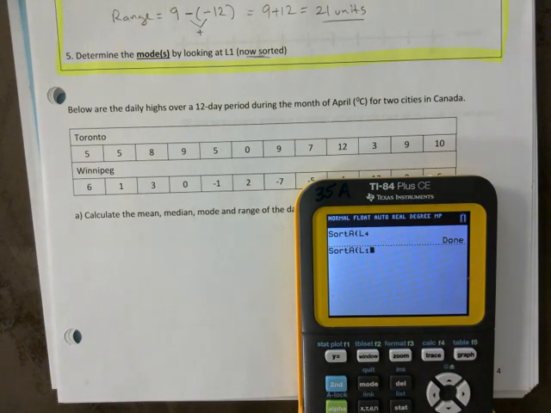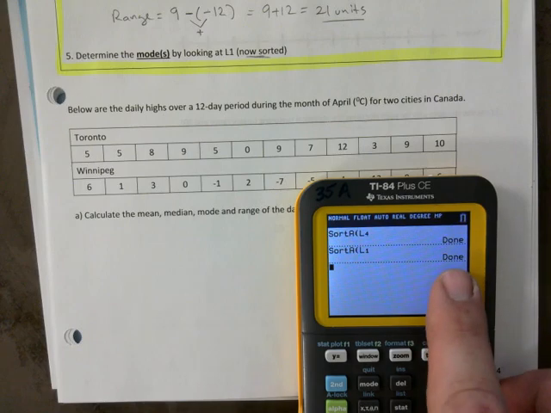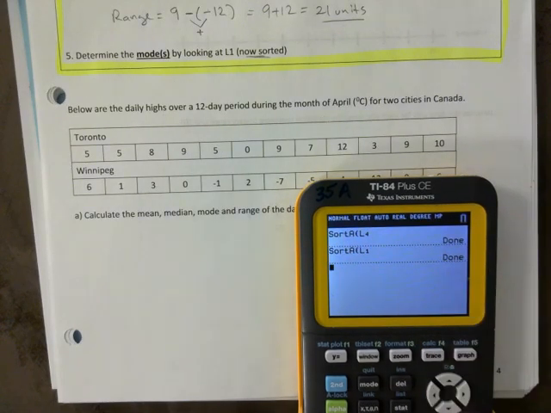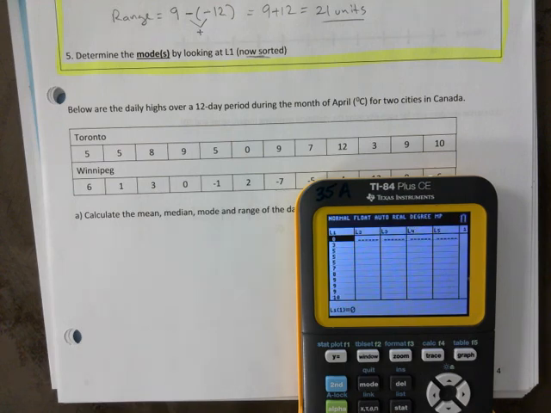You got to tell it which column you want me to sort. L1 is what I feed it. I hit enter and it says done, right? Go back to stat, edit. It's now arranged in ascending order. Isn't that nice, right?